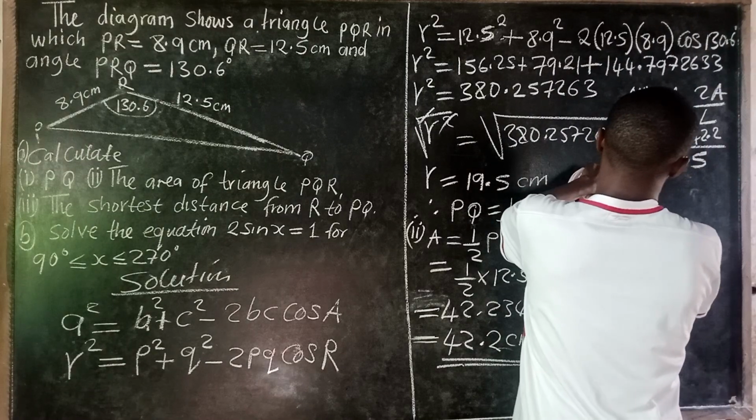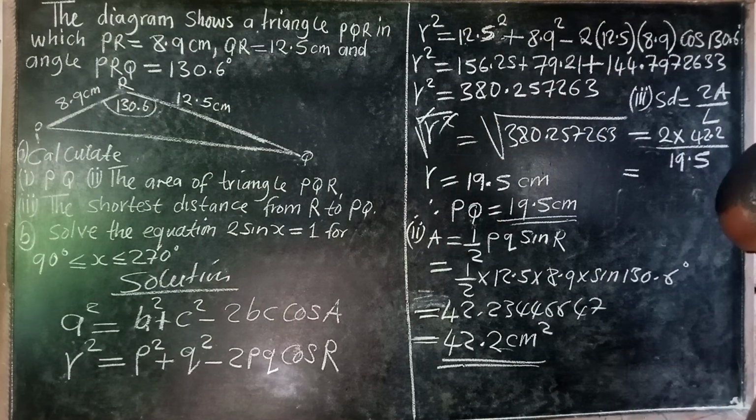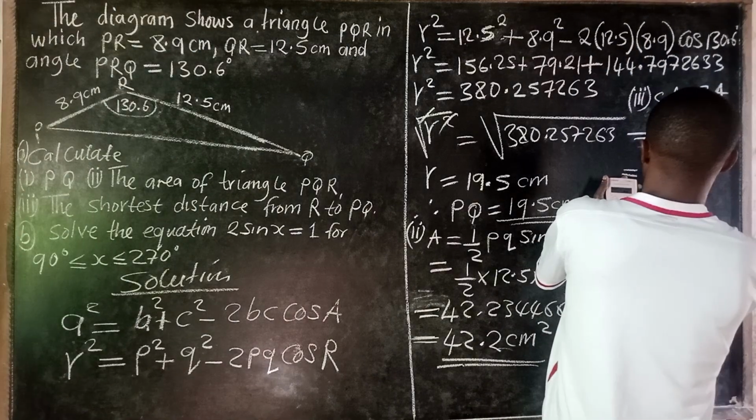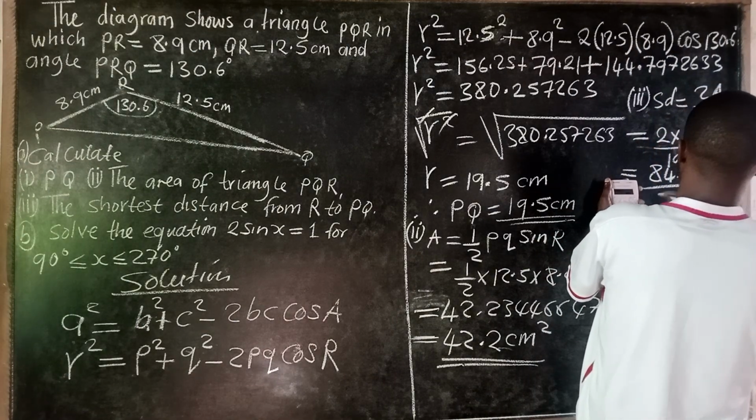Then from there, you multiply now. Use the calculator. So 2 times 42.2, the answer there is 84.4 over 19.5.